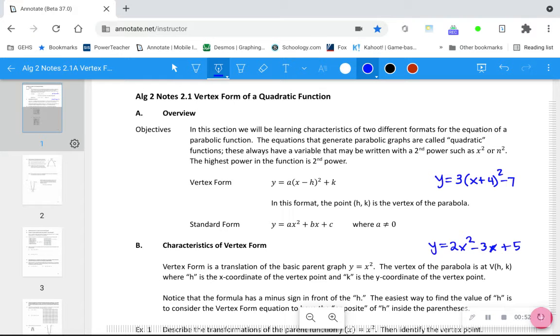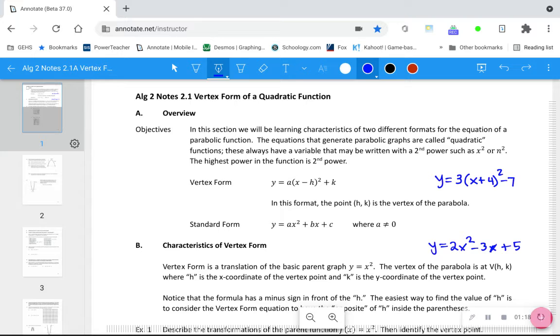Now, what both of these formats share in common is a second power, and that's what gives it its shape, the parabolic shape that we associate with quadratic equations. So today's lesson is really only about vertex form. And I'm going to start by just telling you what these different letters are.